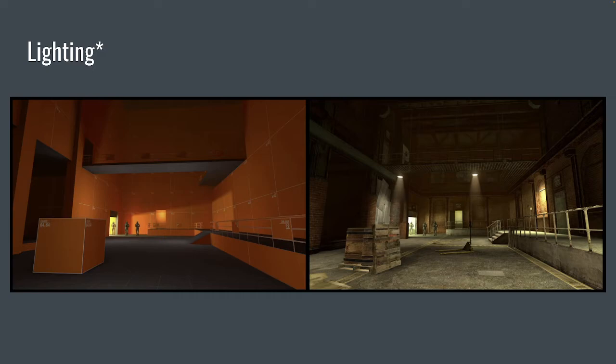So in this image, on the left there is an early blockout, and on the right there is a finished level. Well, a more finished level. It's full of environment art and stuff like that. And if you notice, the gameplay space here, nothing has changed, but that orange crate that says 64 by 64 has suddenly turned into some old oil drums and a wood pallet on the side.